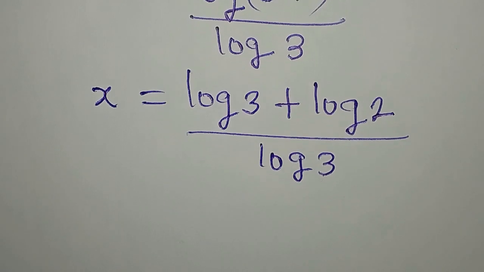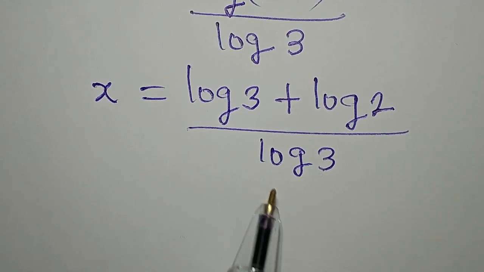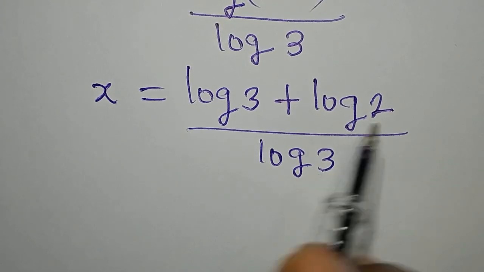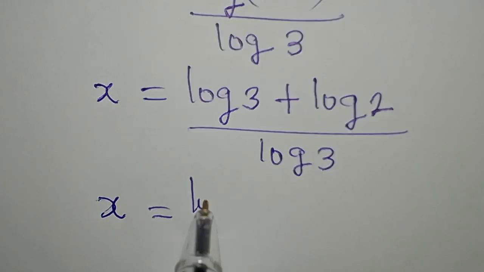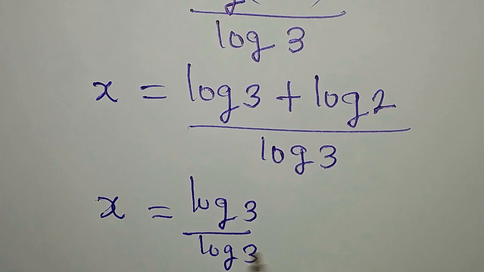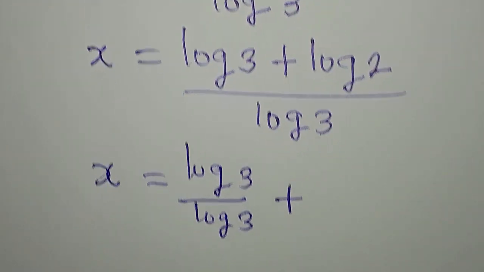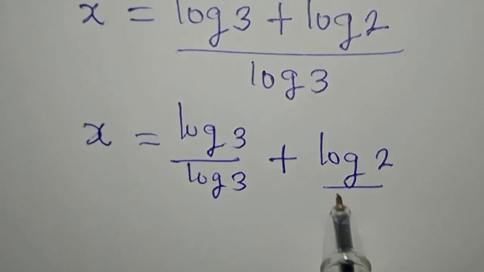Okay. And another point is this. We can decide to split this so that log 3 here will work for this and this. So this is the same as x equals log 3 over log 3, then plus log 2 over log 3.